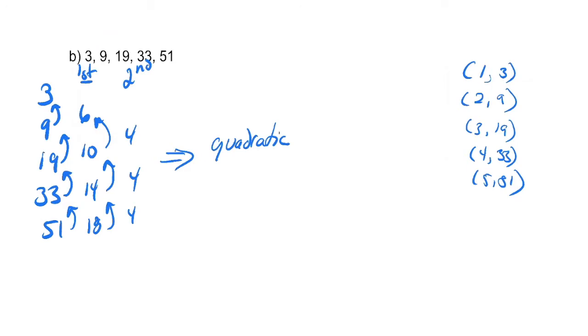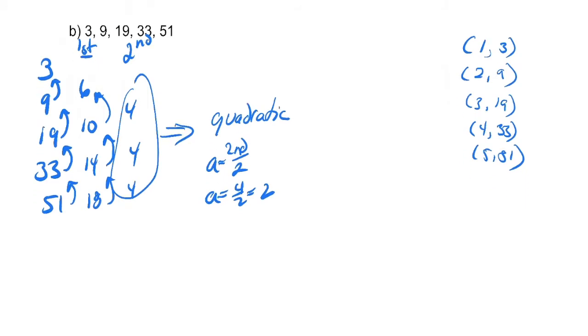And how do we come up with the equation? Well, if you dig deep back into your memory pockets, the a value is the second difference divided by 2. So in this case, my a value is 4 over 2, which is 2.